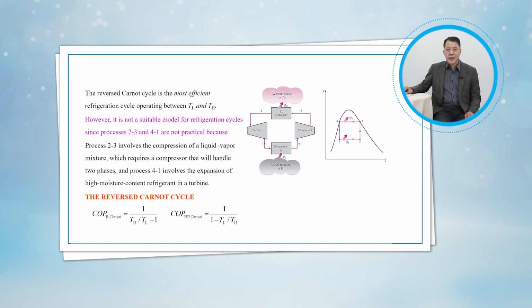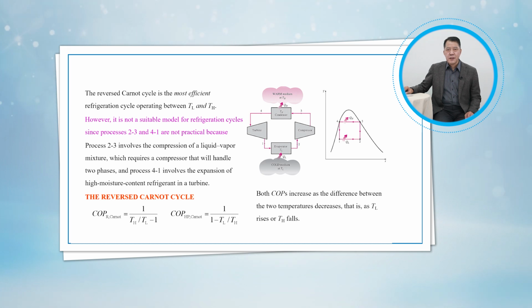For the reversed Carnot cycle, we have COPs for refrigeration and heat pump. Both COPs increase as the difference between the two temperatures decreases, that is, as TL rises or TH falls.